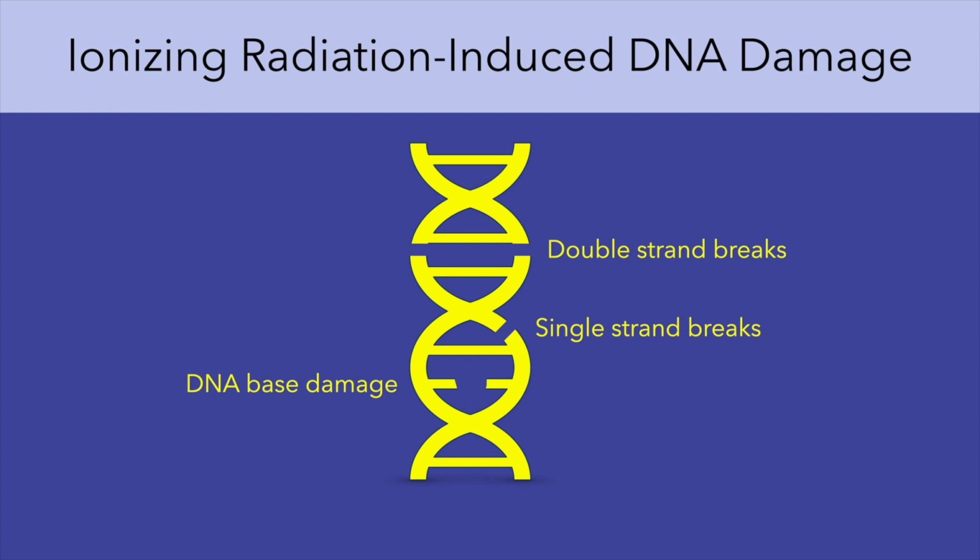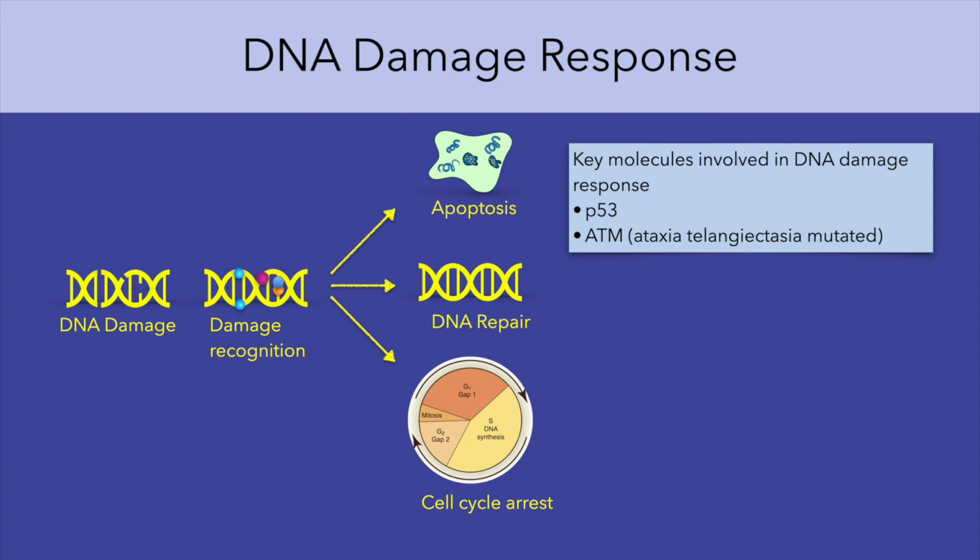Ionizing radiation produces different types of DNA damage, including base damage, single strand breaks, double strand breaks, and DNA and protein crosslinks. Mammalian cells have evolved elaborate mechanisms to respond to DNA damage. This includes sensor molecules that recognize specific DNA damage types and activate signal transduction pathways to upregulate DNA repair mechanisms.